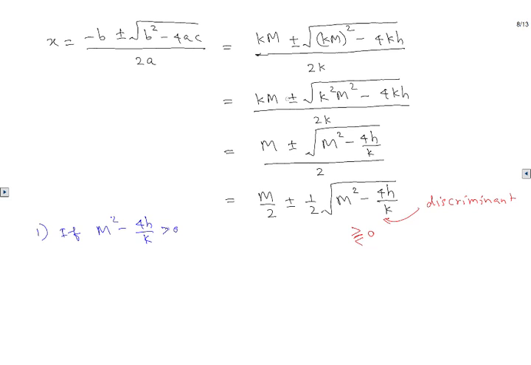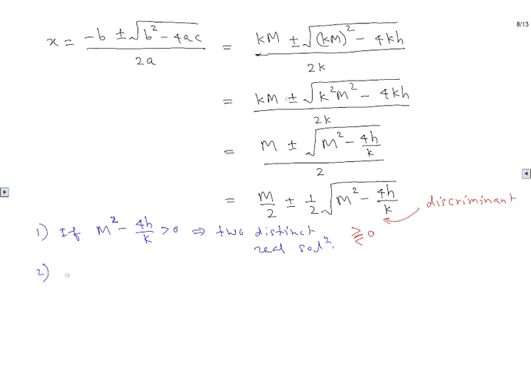If this is positive, you're going to get two distinct real solutions, so you're going to get two critical points.